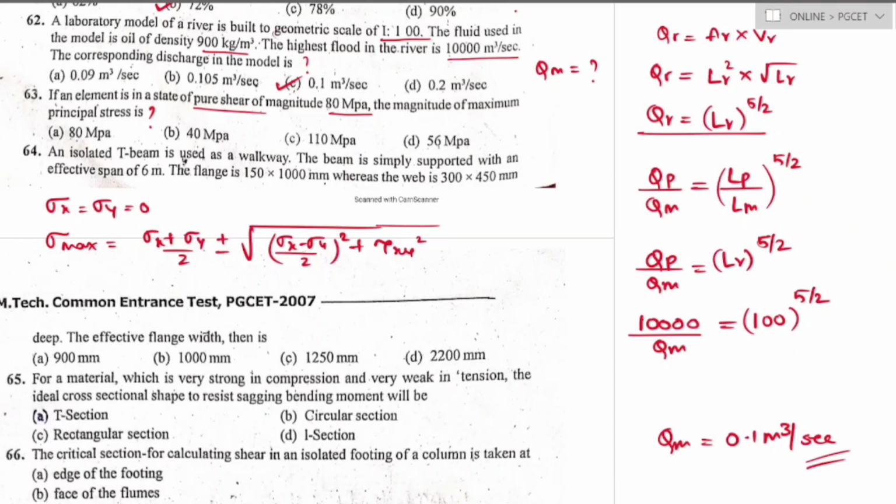Since sigma x and sigma y is equal to 0, maximum principal stress is equal to square root of shear stress, that is 80 square. It is equal to 80 MPa. Therefore, option A is the right answer.